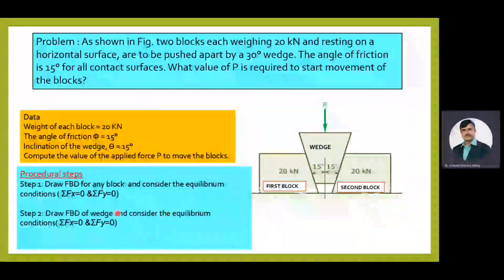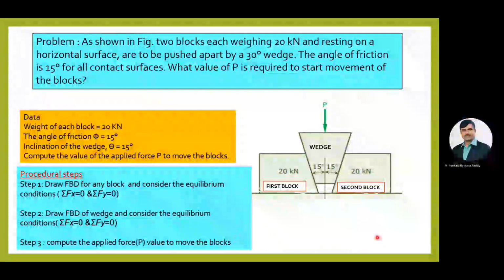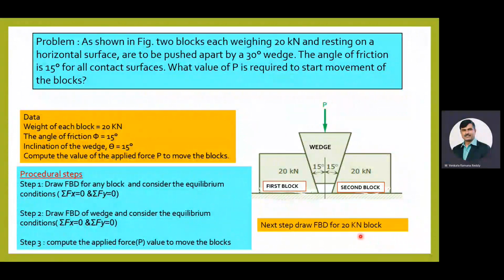The second step is drawing the free body diagram for the wedge and considering the equilibrium conditions, say summation of the horizontal forces is equal to 0 and summation of the vertical forces is equal to 0. That is, sigma Fx is equal to 0 and sigma Fy is equal to 0. And the third step is computing the applied force P value to move the block. Now we will move towards drawing the free body diagram for the 20 kilonewton block.